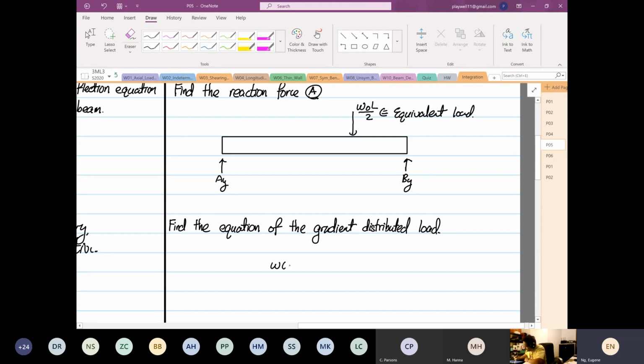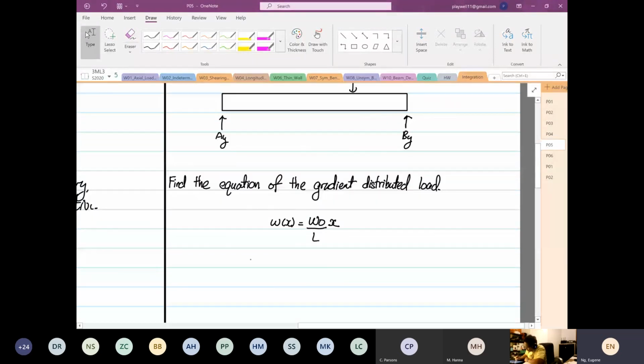Omega as a function of x: the slope is omega naught, the rise is omega naught, the run is L. Then the equivalent load function will be equal to omega naught x squared divided by 2L.